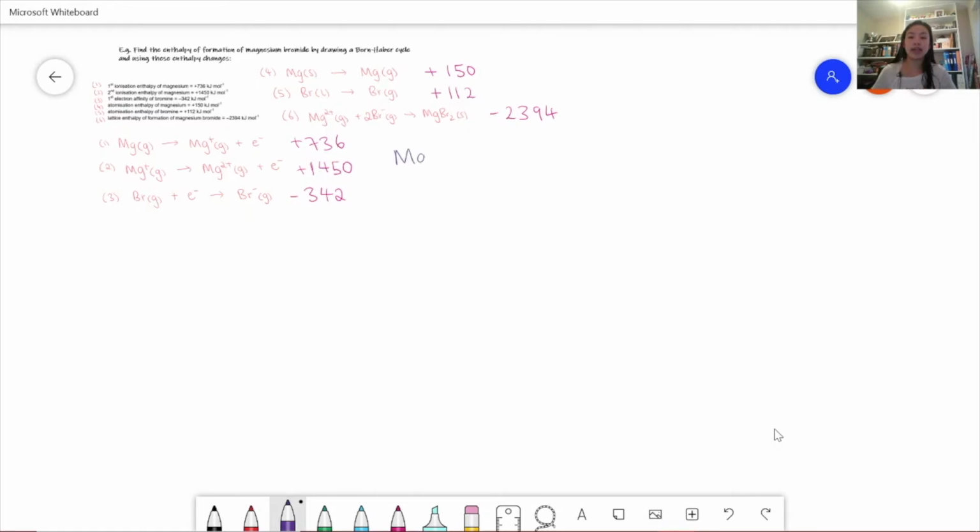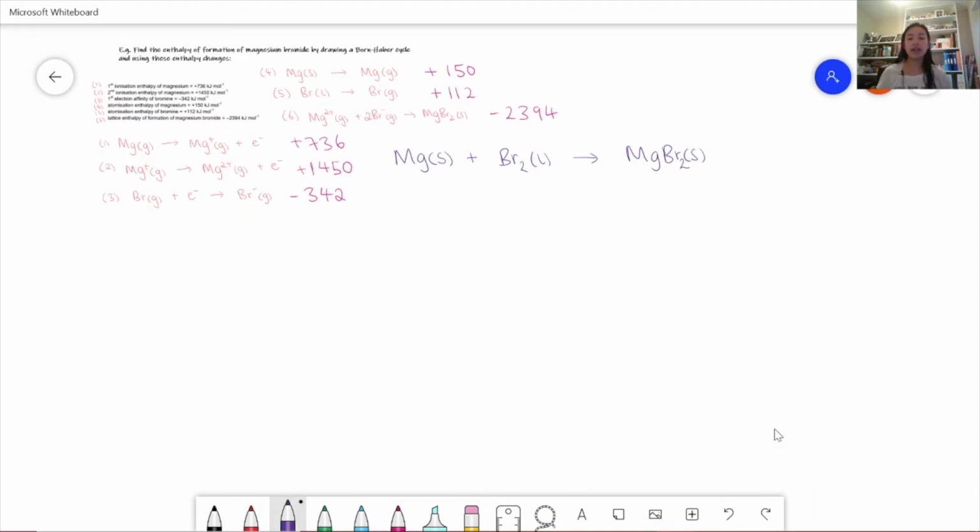So we've got magnesium, which is a solid in its standard state. I'm going to add it with bromine, which is a liquid in its standard state. And this is going to form magnesium bromide, the solid. It's a solid ionic compound. And so that should be MgBr2.